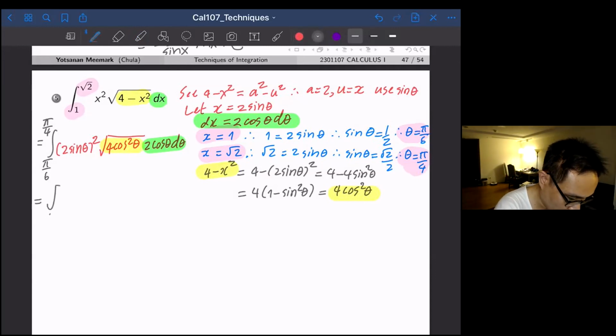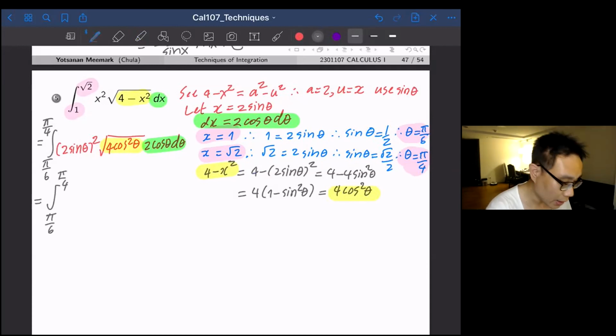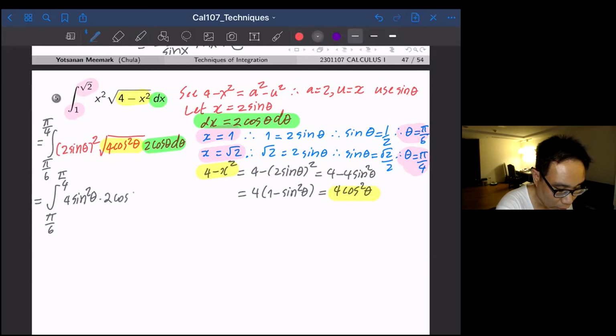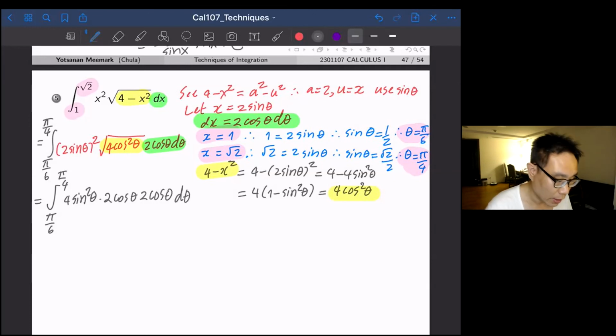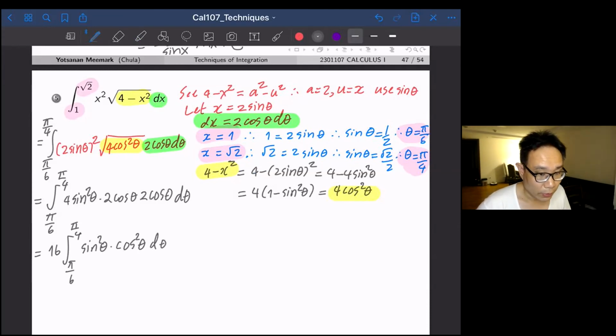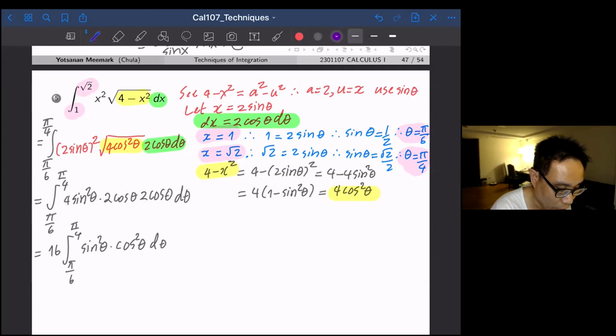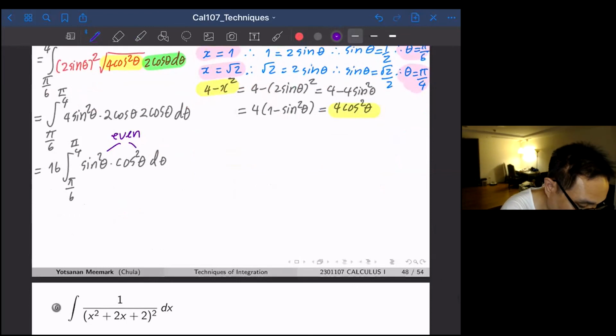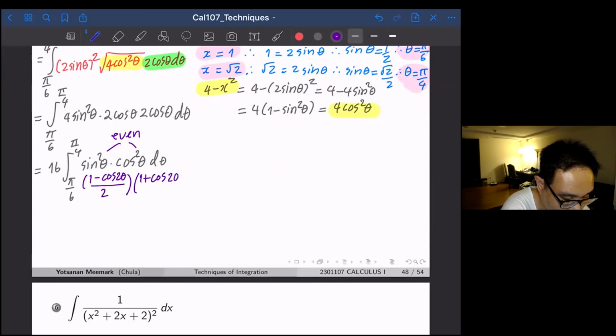Then we simplify. It's the integral from pi over 6 to pi over 4 of 4 sine squared multiplied by 2 cosine theta, multiplied by another 2 cosine theta d theta, and this will be 16 times the integral from pi over 6 to pi over 4 of sine squared times cosine squared. Here you have even powers of sine and cosine, so we change them using the formulas: sine squared is 1 minus cos of the double angle over 2, and cosine squared is 1 plus cos of the double angle over 2.